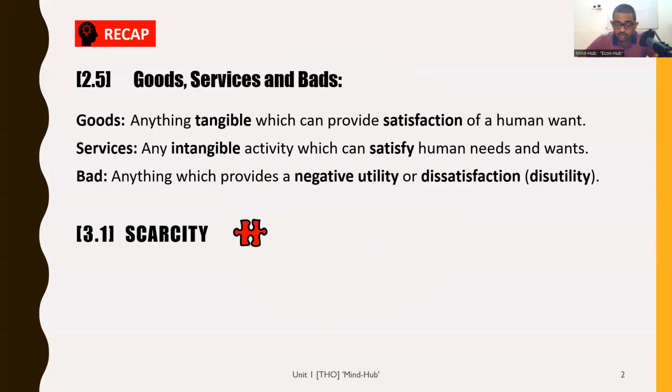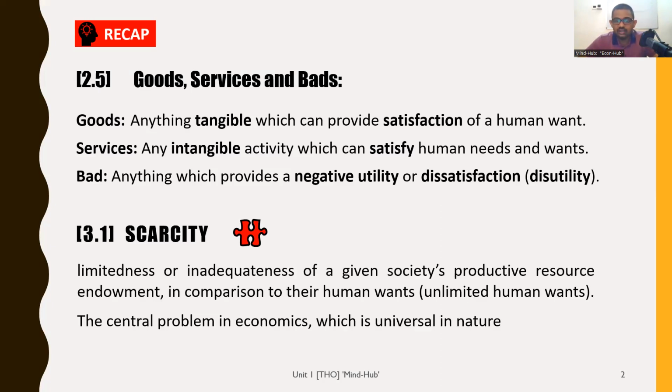We are looking at opportunity cost, but opportunity cost is one of the 4 concepts. The first being scarcity. So we have discussed scarcity in detail, right? And we know how to define scarcity as well now, right? As the limitedness or inadequateness of a given society's stock of productive resources in comparison to unlimited human wants.